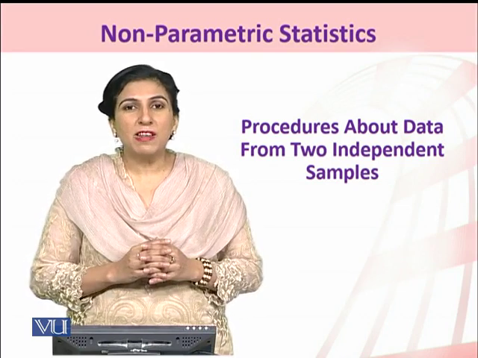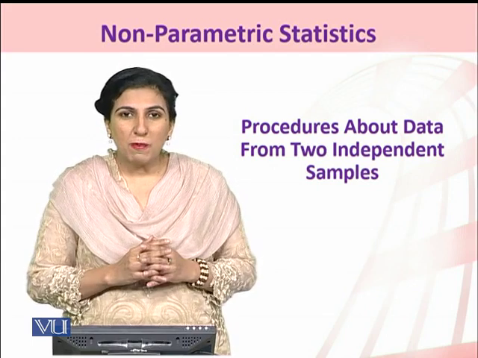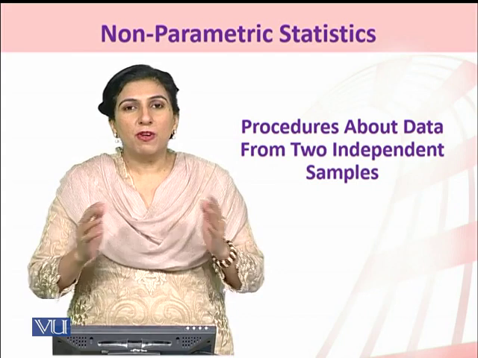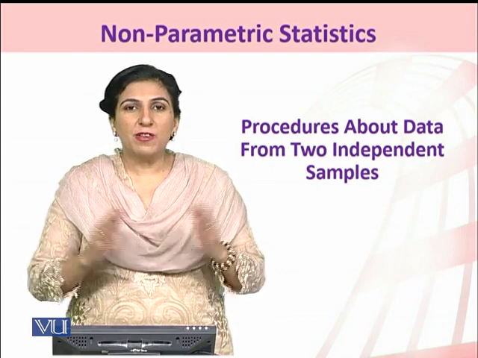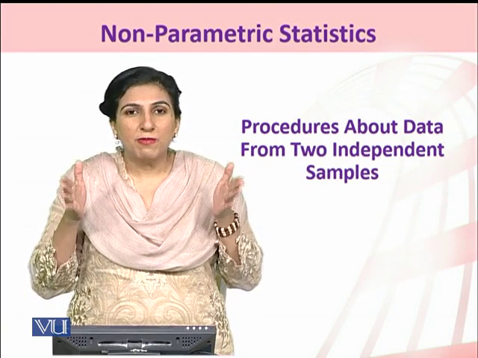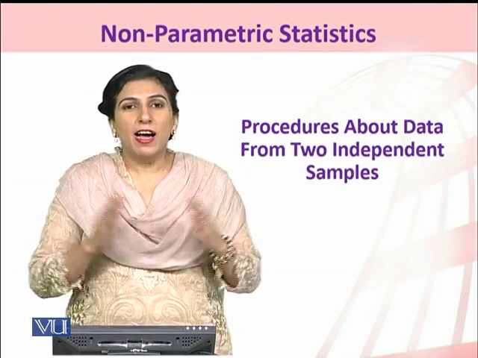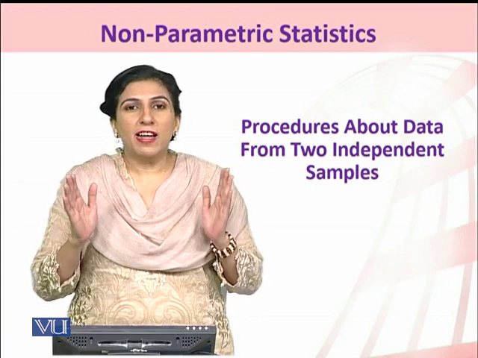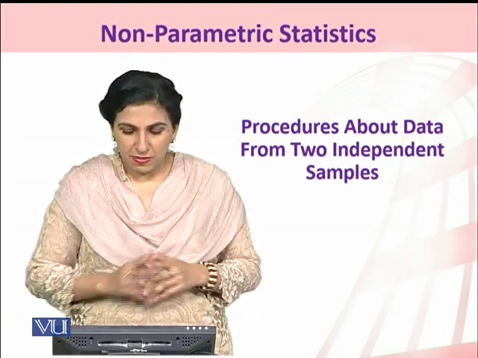The first sample is to be drawn from the first population and the second sample is to be drawn from the second population. Once we have done that, the basic objective is to compare the parameters of the two populations.